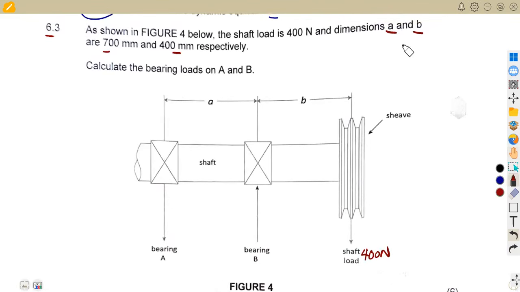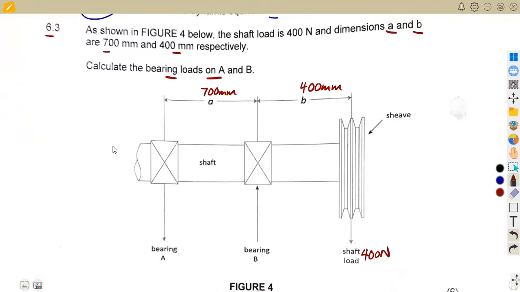So A here is 700 millimeters in this case, all right? Then B is 400 millimeters, the distances that are given. Calculate the bearing loads on A and B. So we have the bearing load on A and the bearing load on B in this case.